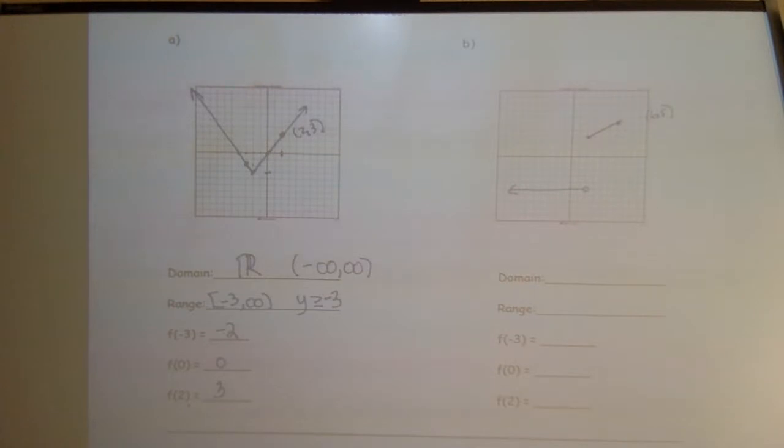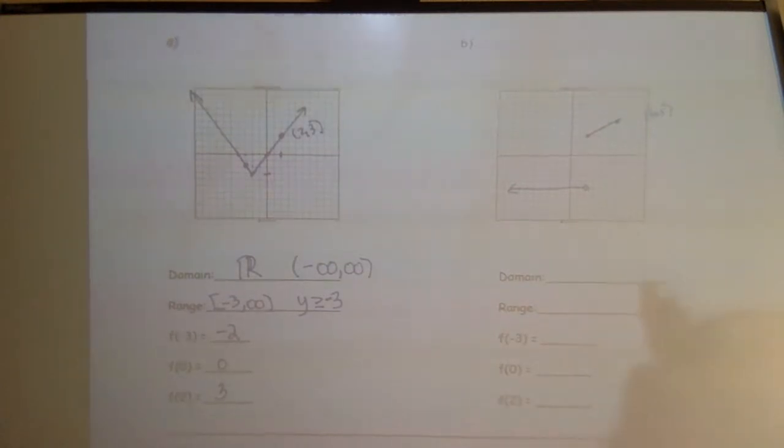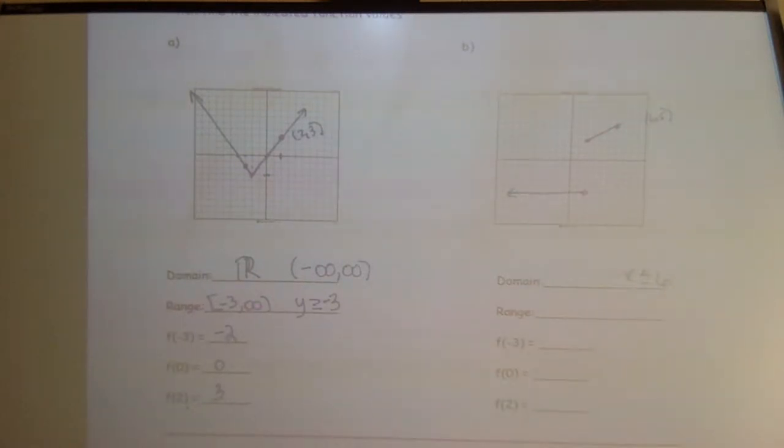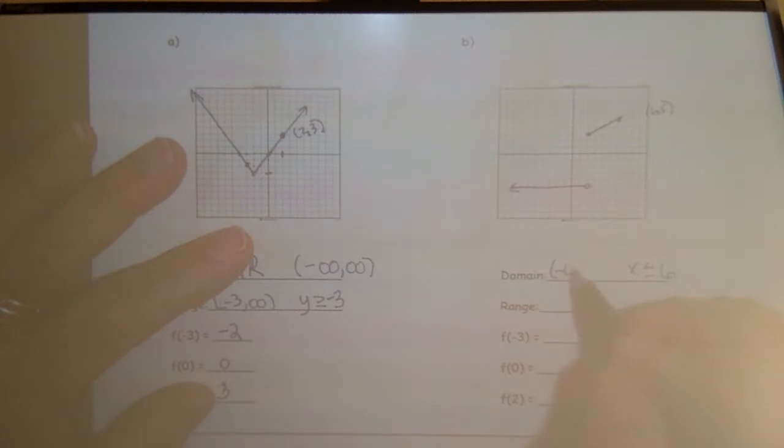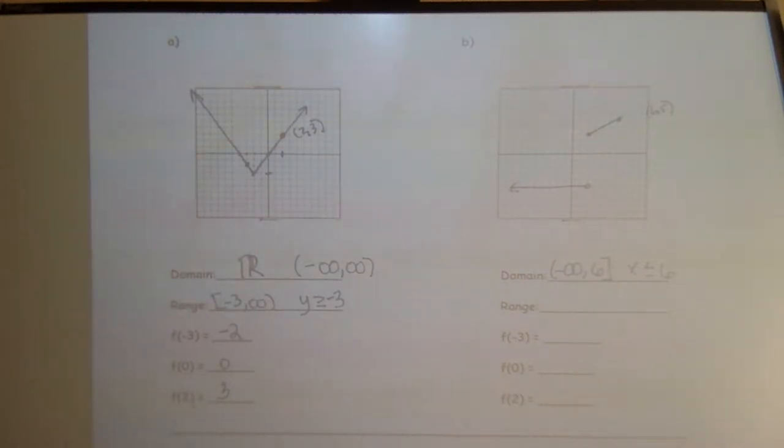So what are your x values? Well, they're all x, what? Less than or equal to 6. If I wrote it in interval notation, it'd be -infinity to 6, and I include 6. In interval notation, the smallest number comes first, the larger number comes last.